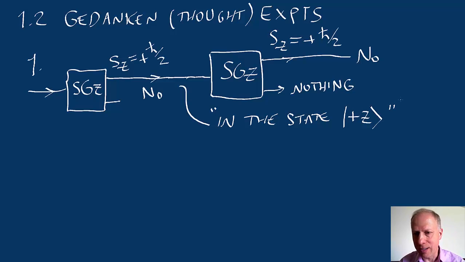And we draw a little symbol for the state as a vertical line, and then the name of the state, and then an angle bracket. This is a ket, as a matter of fact. And the electrons with Sz equals minus h bar over 2 are said to be in the state minus z.